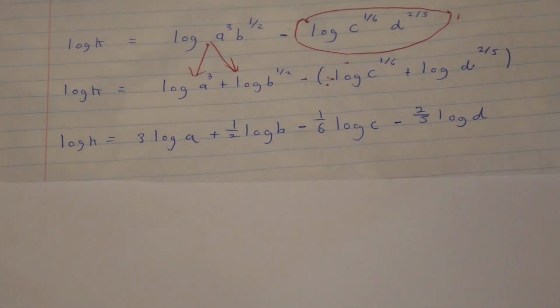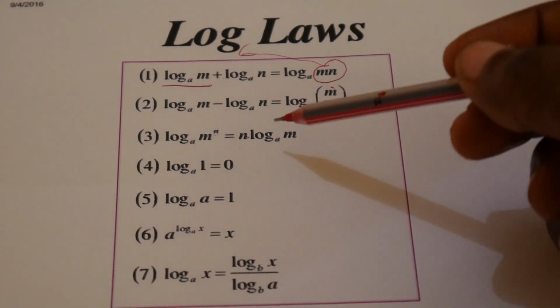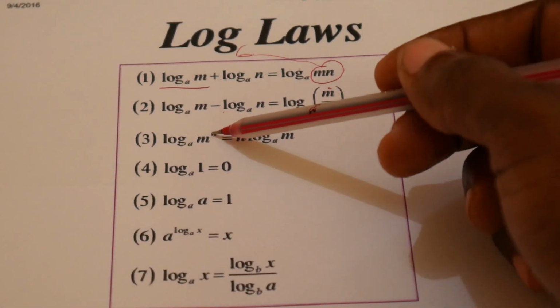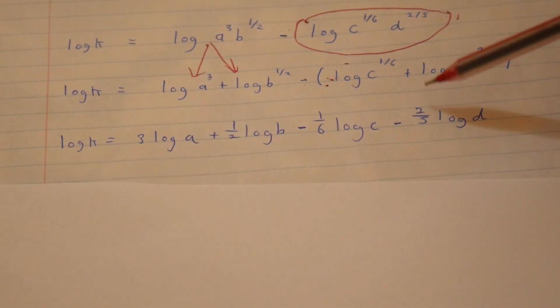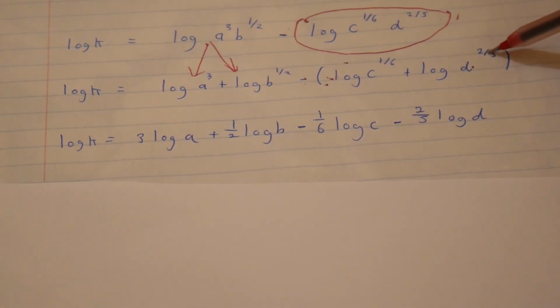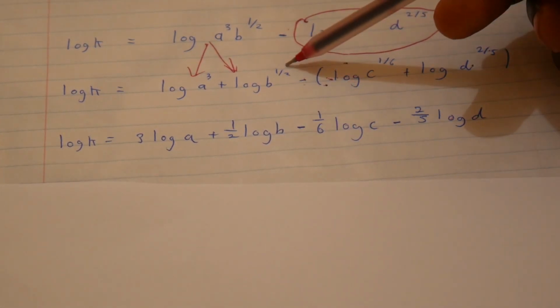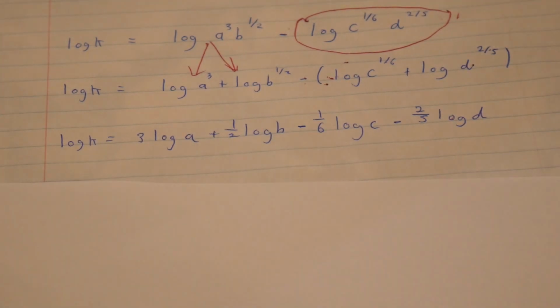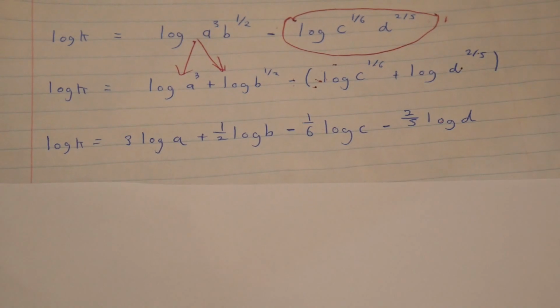The last step, we reverse this rule to put the power in front of the log, and 2/5 therefore goes in front, 1/6 goes in front, all the powers go in front, and we have completely reversed the process. And that is how you express in log form. Alright, I believe that is all.